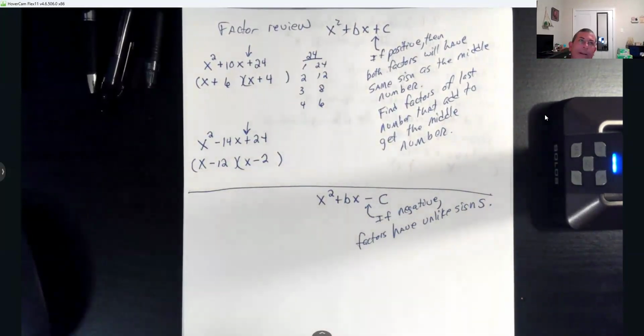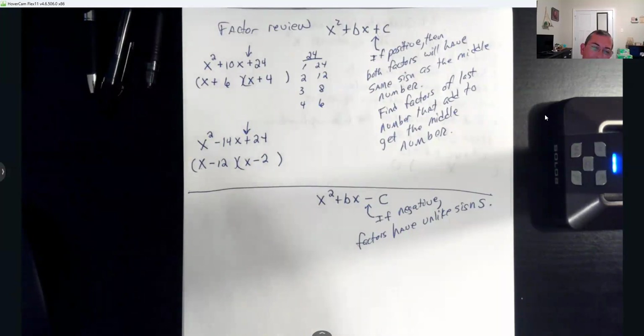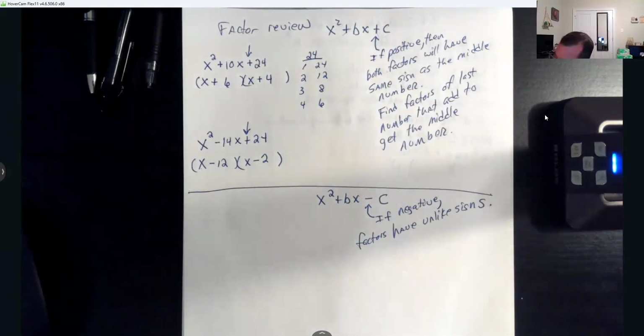Now, I don't know if y'all remember the rules for adding unlike signs, but when we add unlike signs, we subtract the numbers and give the answer the sign of the larger number.